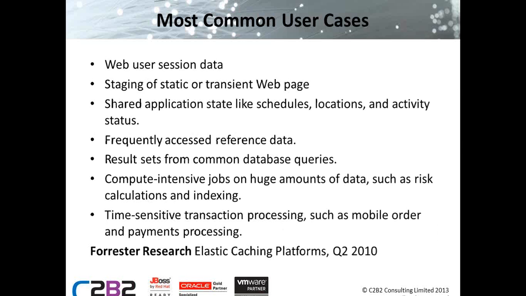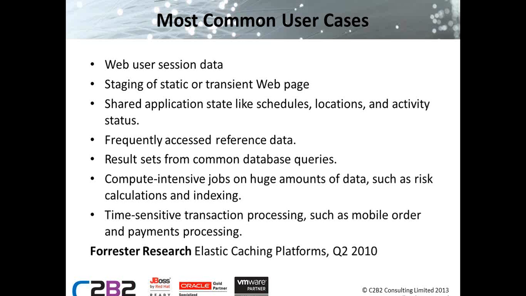So what are the most common use cases for data grids that we see? Well, this is actually from Forrester research, quite old Forrester research. Some of the typical applications that we see, the first is obviously session data. There's a number of advantages, especially if you use something like Coherence Web, which is basically an inbuilt session cache for WebLogic or GlassFish.